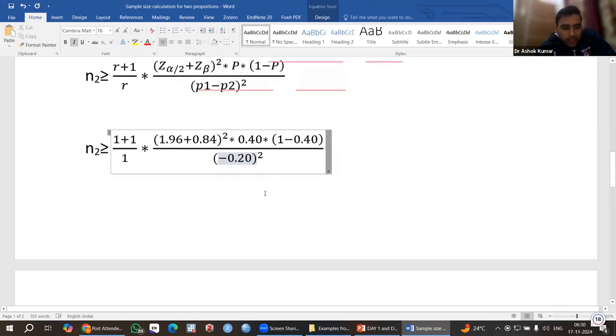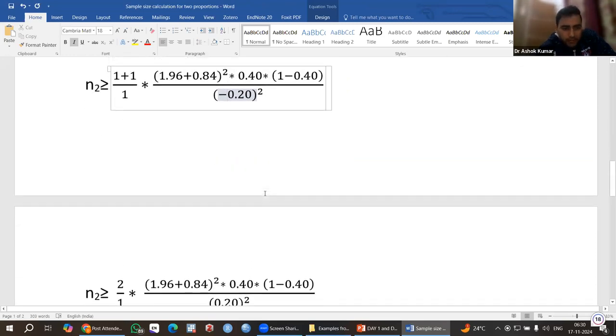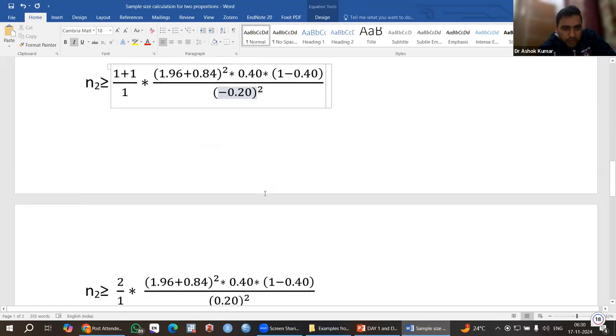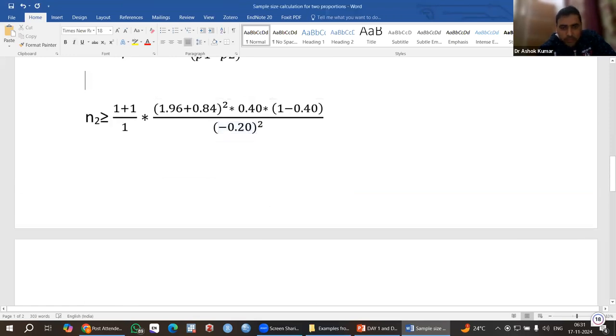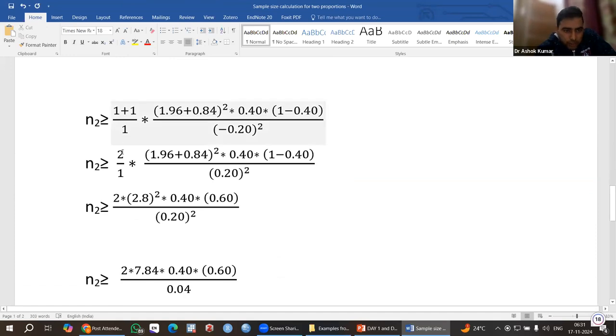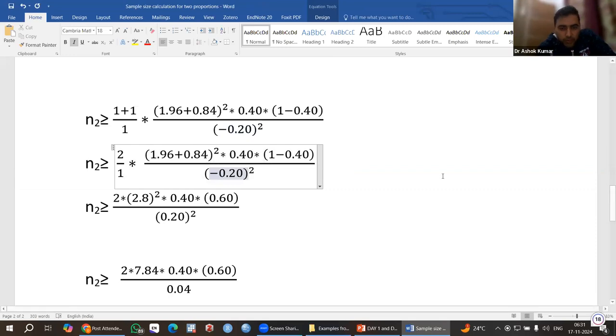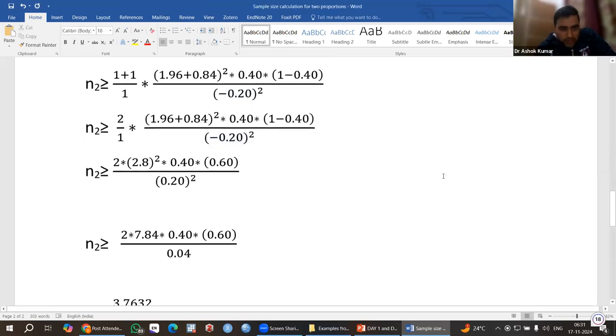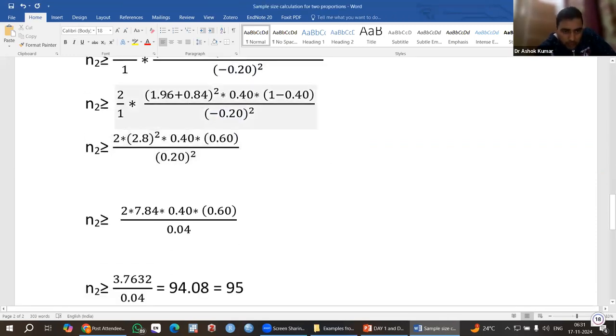Then, you can see here, this is 2 divided by 1, multiplied by all the things we have written here. It is minus, no problem. Then we do 1.96 plus 0.84, which comes to 2.8.